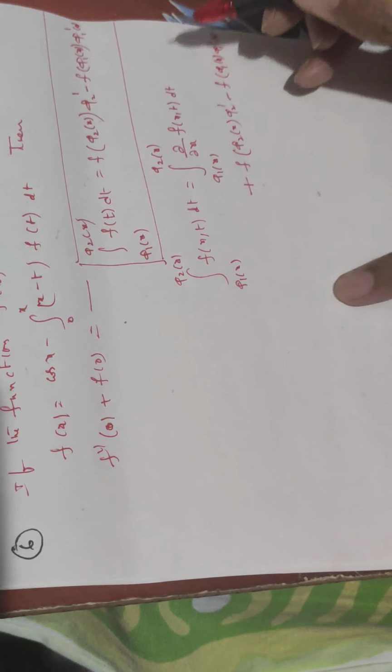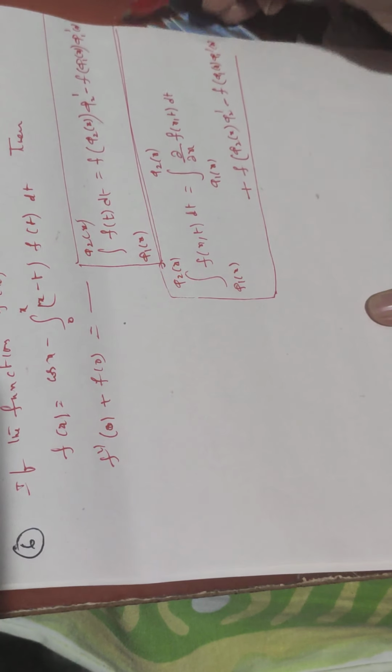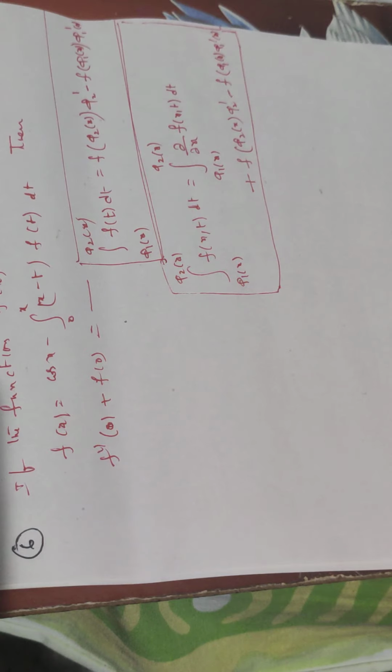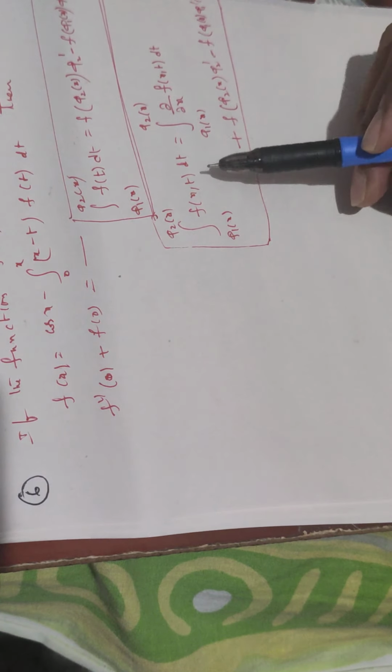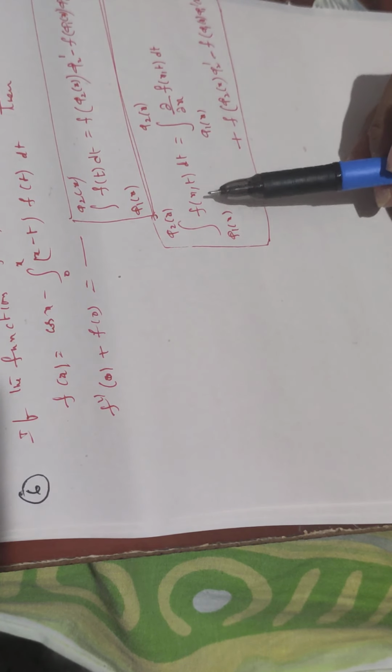This is the second formula for the Leibniz rule. We can use this formula when the integrand contains exactly x and t also.